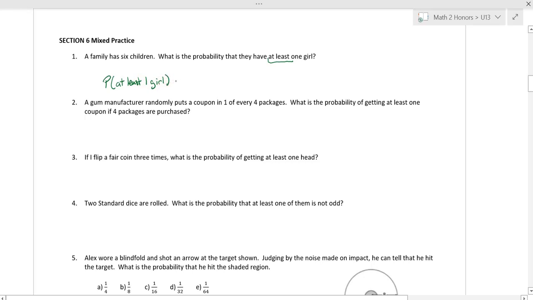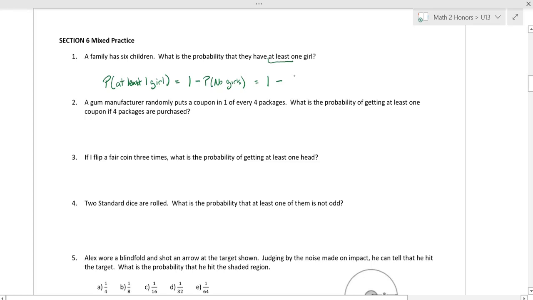would be equal to 1 minus the opposite of that, which would be the probability of having no girls out of 6 children. So that's going to be the easier route. So 1 minus, well, if I have no girls, that means I have all boys.